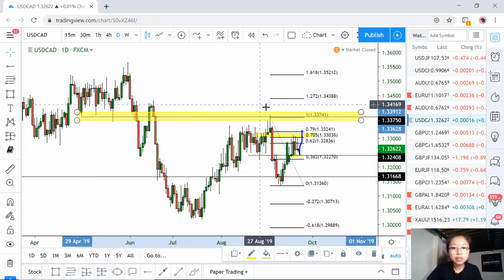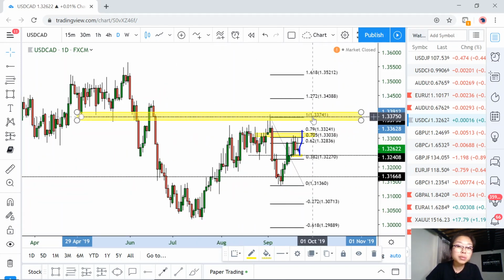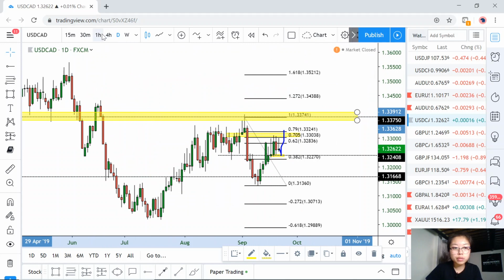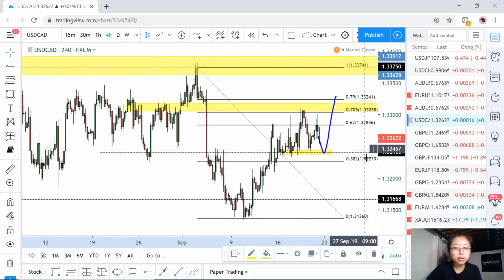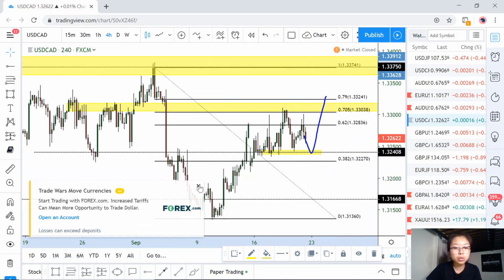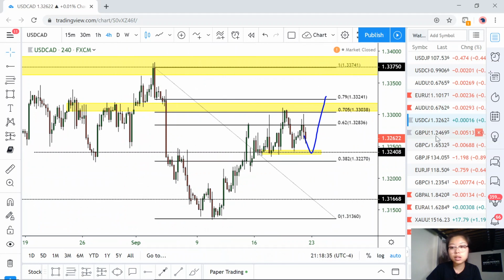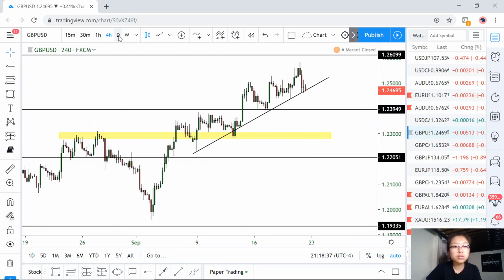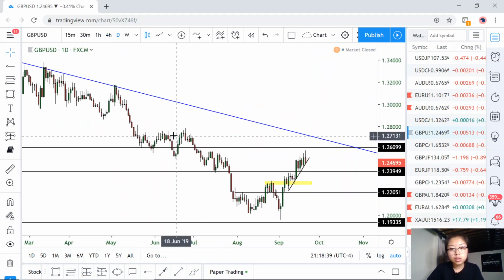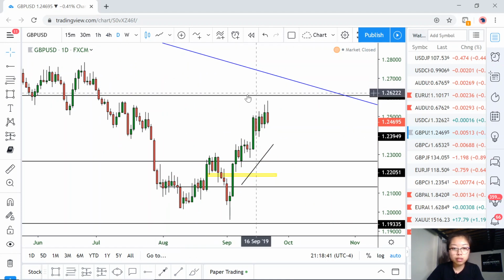But then again, just because the price comes up to this area doesn't necessarily mean it's a sell. So watch out for that pair, see what it does. It's in the middle of nowhere right now, so I can't really call anything. Moving on, spending too much time on a pair I don't even look at.